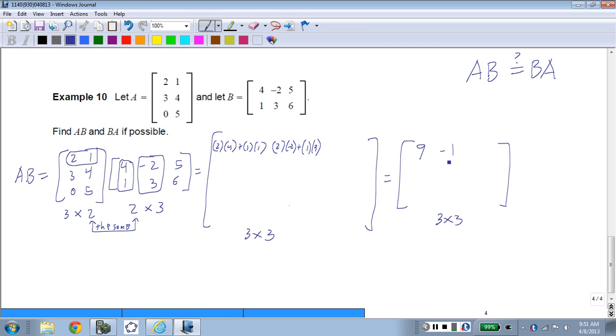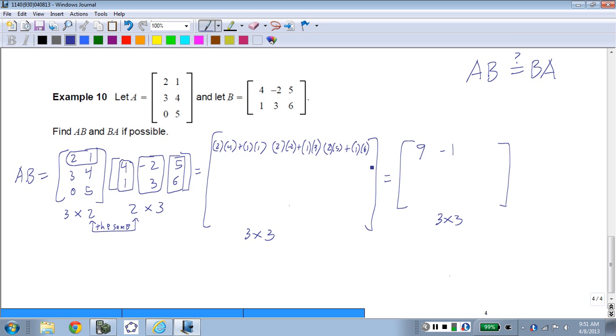Then multiply row 1 of the matrix on the left by column 3 of the matrix on the right. Multiply the 2 by the 5. Multiply the 1 by the 6. 1 times 6.